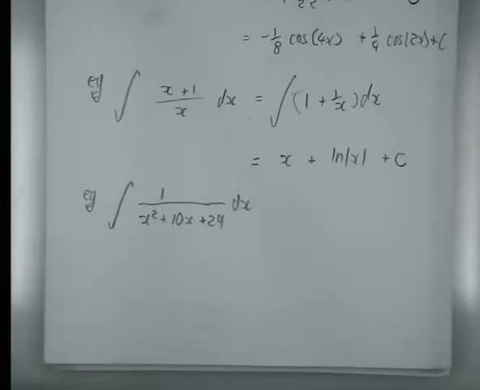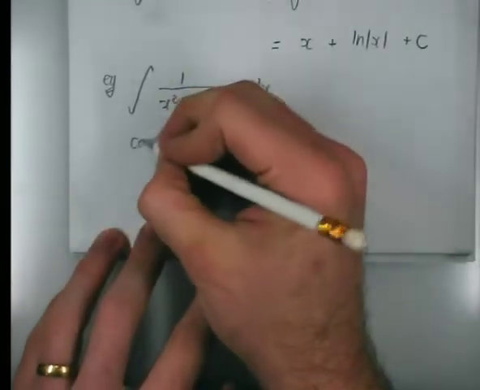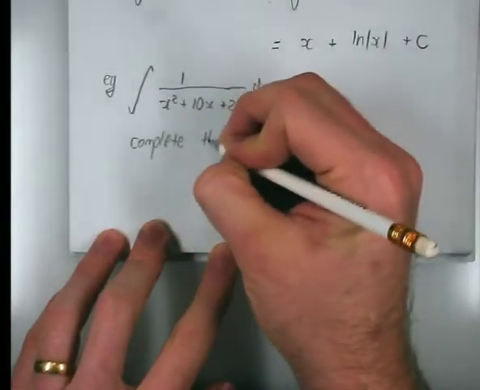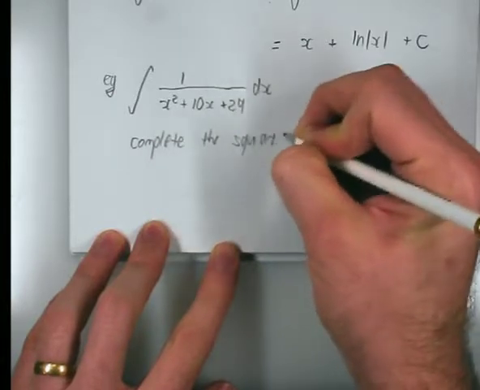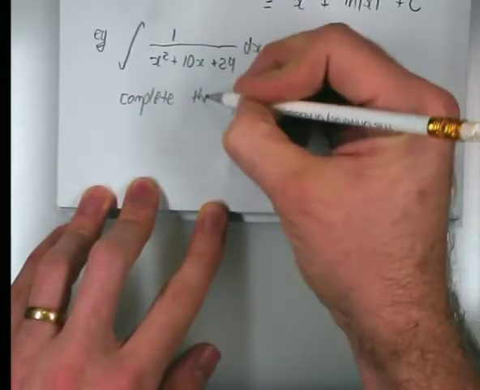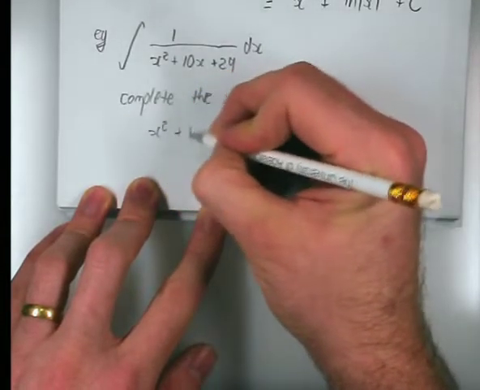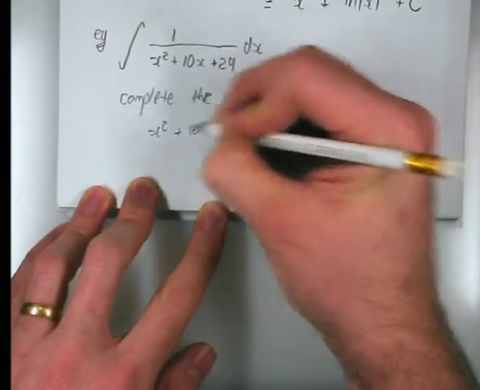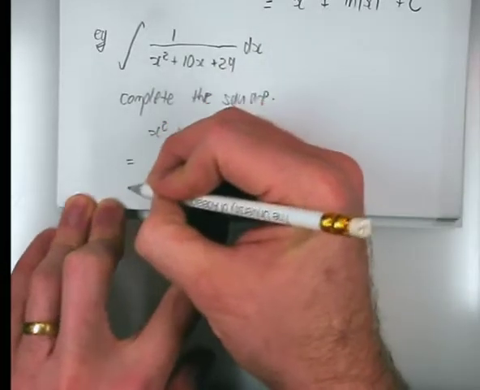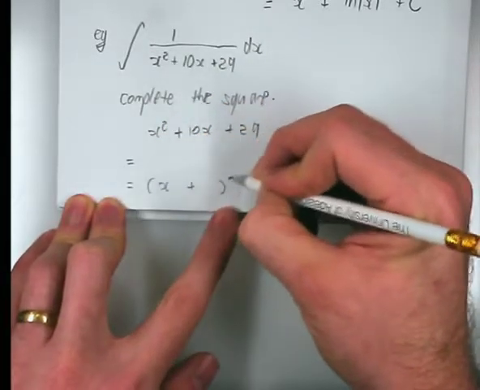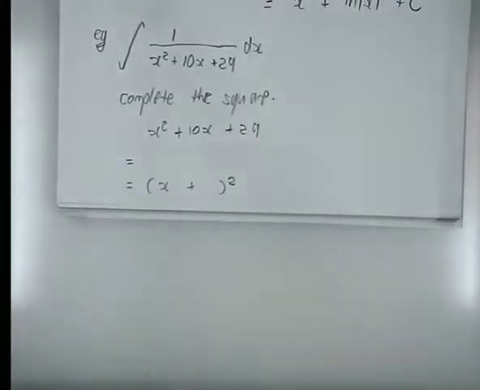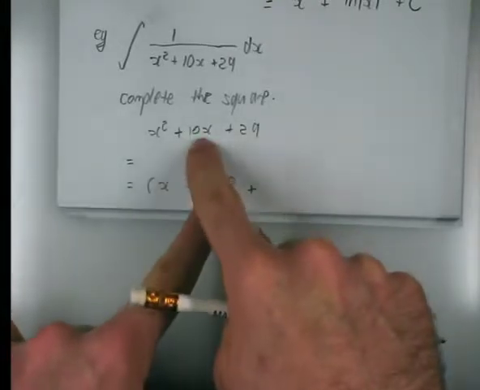So what I'm going to do is complete the square on the bottom. I want to write it as x plus something squared plus something. So hopefully it's plus. And I just need to figure out what all the somethings are. I know that the thing that goes here has to be 10 divided by 2, because that's how it always works.